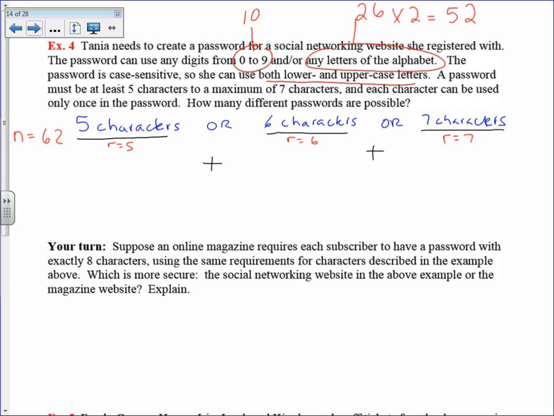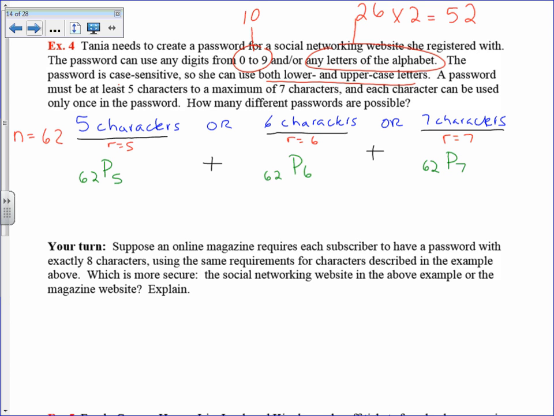So this would be 62 pick 5, 62 pick 6, 62 pick 7. You could do 62 times 61 times 60 times 59 times 58. That's really what we're doing here.